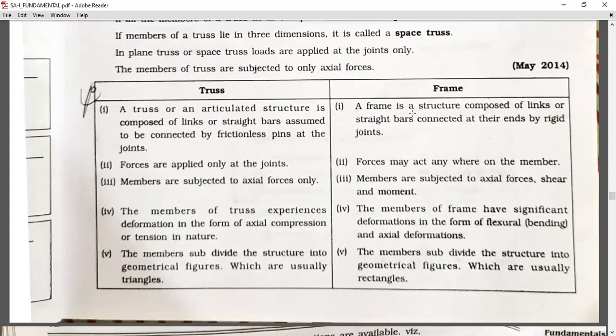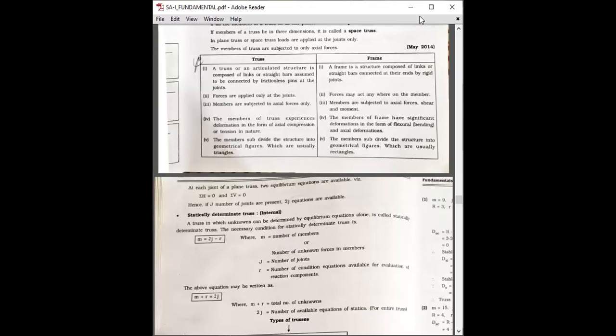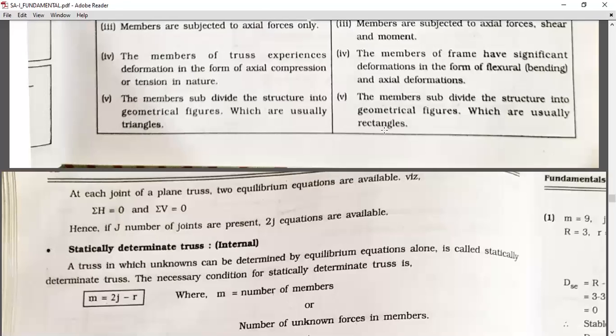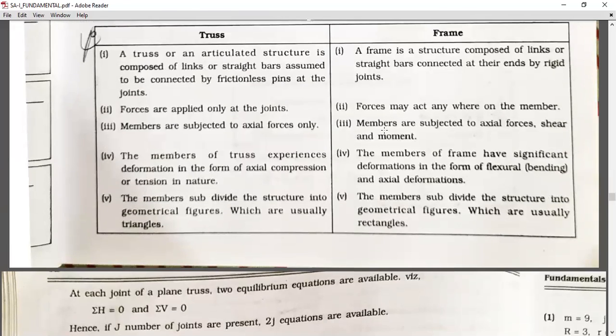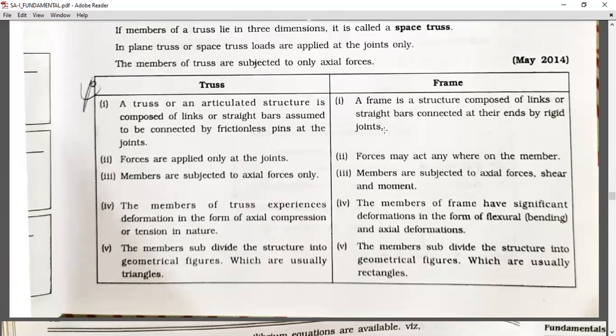Now we can look at the difference. A truss or an articulated structure is composed of links or straight bars assumed to be connected by frictionless pins at the joints.